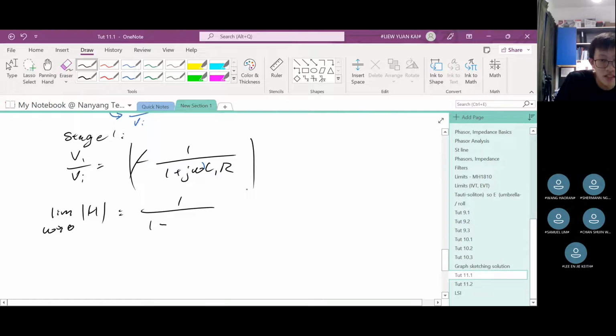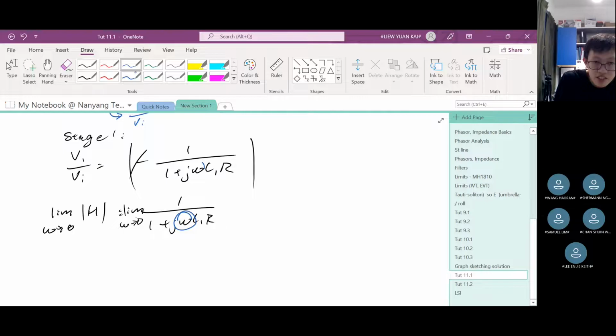So 1 over 1 plus j omega C1 R. Oh, sorry, I need to put the limit here. When omega goes to 0, this whole term goes to 0. What are you left with? 1 divided by 1, which is just 1.